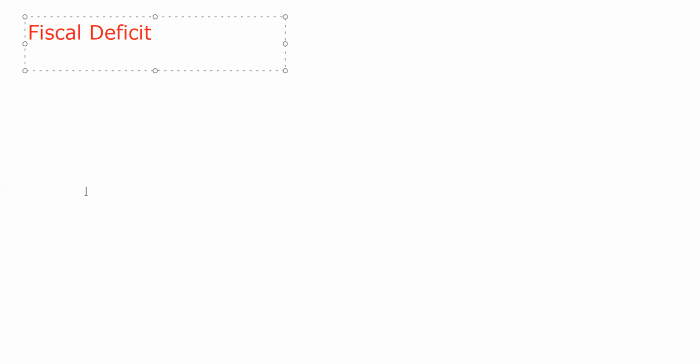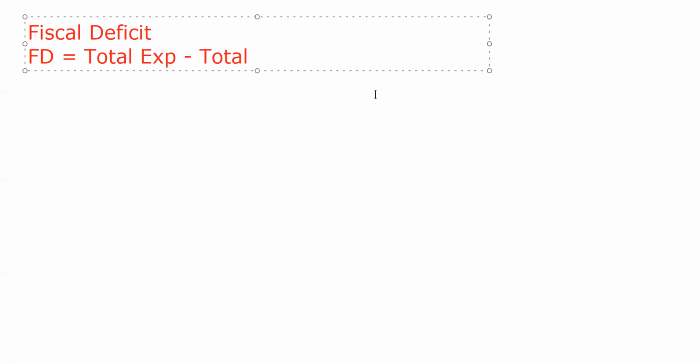Fiscal deficit means FD would be equal to total expenditure, in short I'm writing this EXP, minus total receipts. This is equal to fiscal deficit.